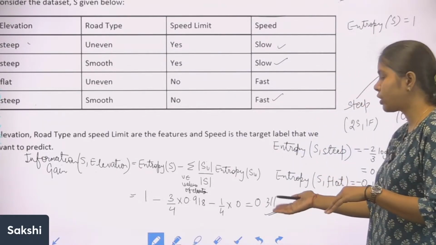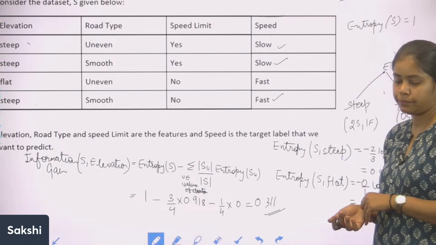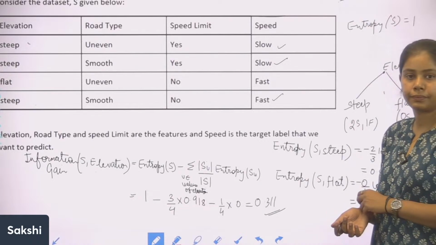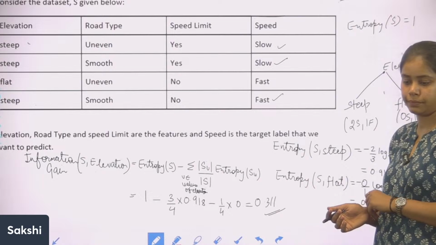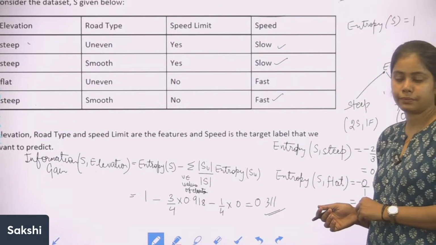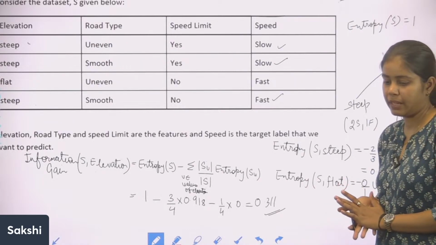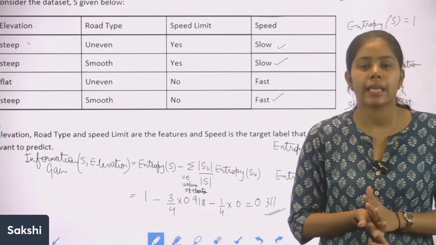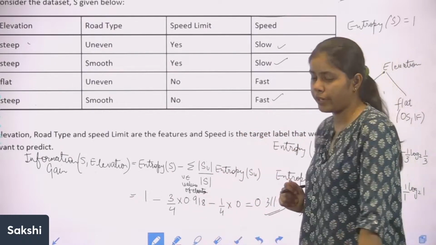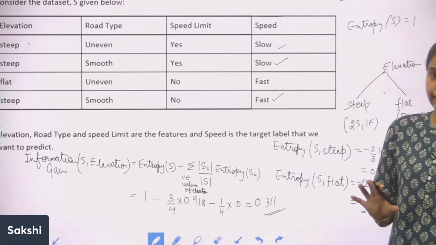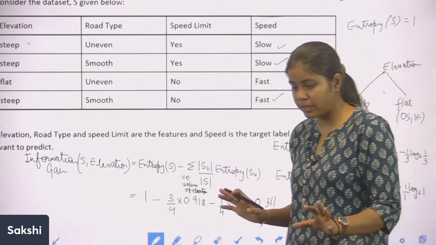Is there any confusion in this? Just let me know guys if there is any question. So now you know how to find out entropy and how to find out information gain. I'm assuming that this is clear.